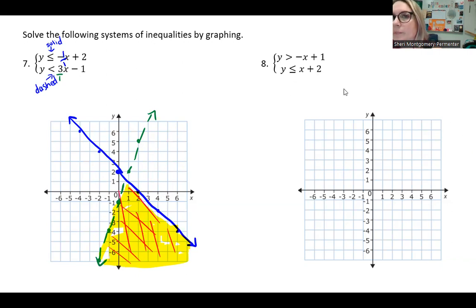We have one more example and then you'll be able to start your homework. So the first line, is it going to be solid or dashed? Solid. Do I shade above or below? Above? Dash. There's nothing underneath.